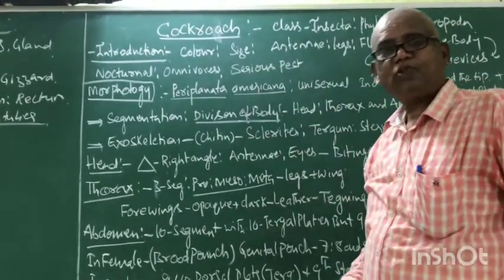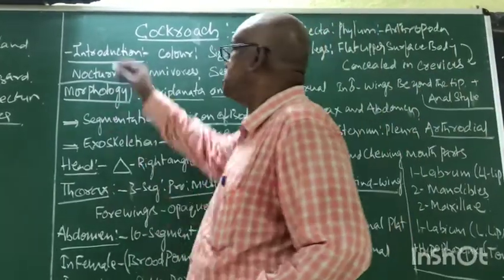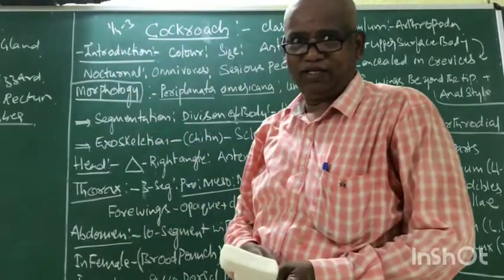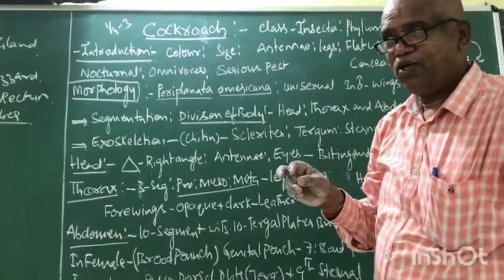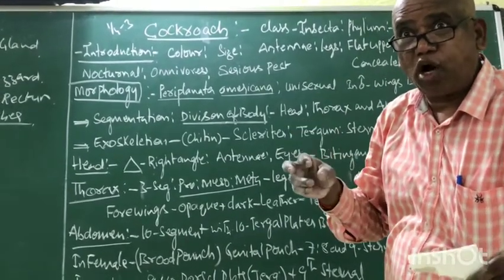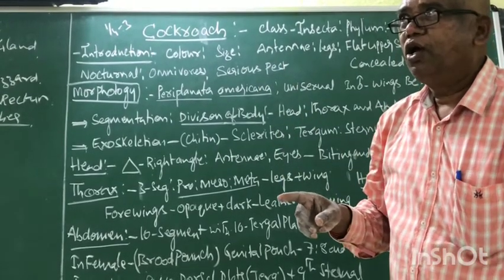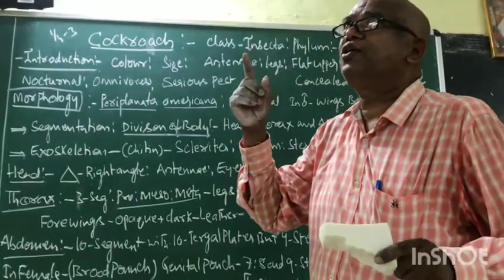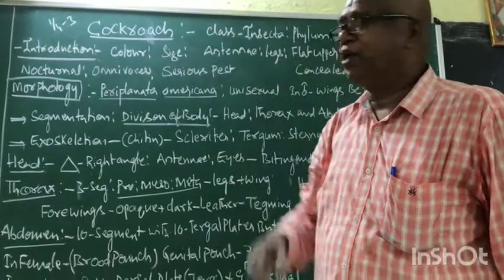Size: 1/4 inch to 3 inches in length. Right. Now, we must remember some parts of cockroach. When you see the cockroach, that means when you have cockroach in mind, immediately some characters will be remembered.